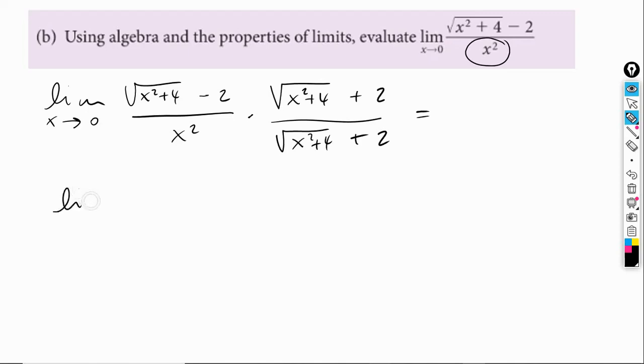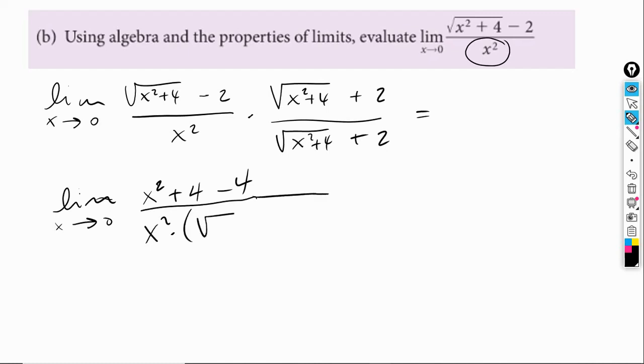We're going to get the limit as x approaches 0 of, and this is just the difference of squares, x squared plus 4 minus 4, a difference of squares, over x squared times, and I'm not going to expand this, I'm just going to leave the expression, x squared times the square root of x squared plus 4 plus 2.